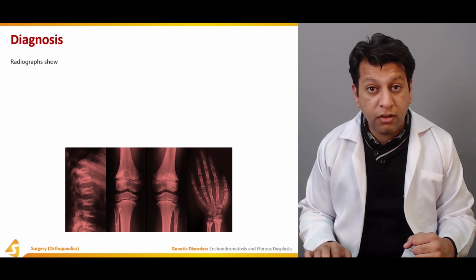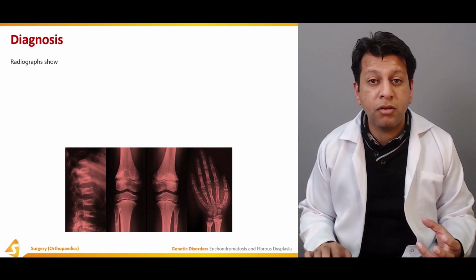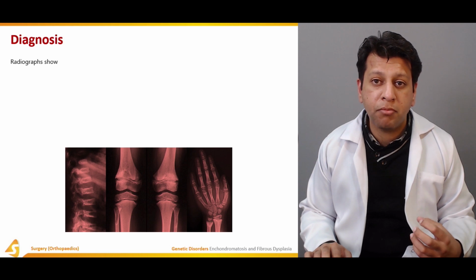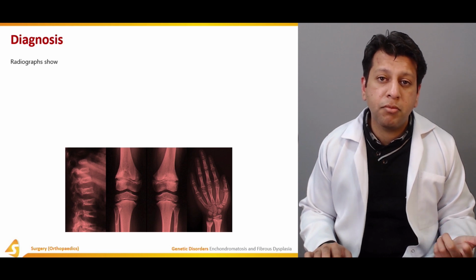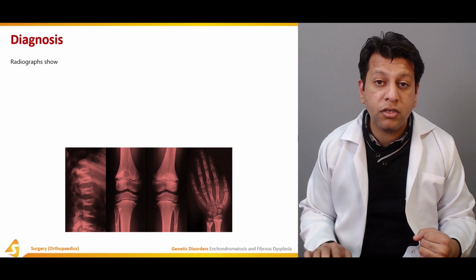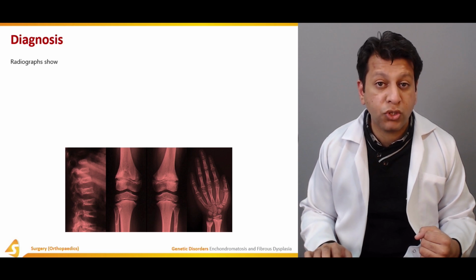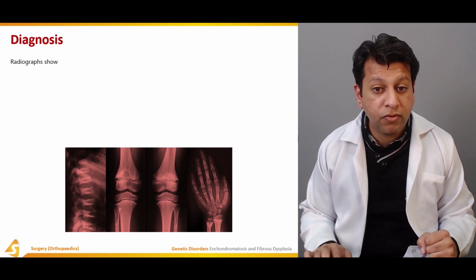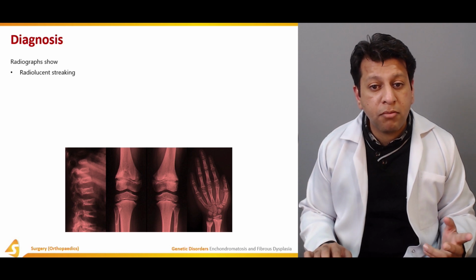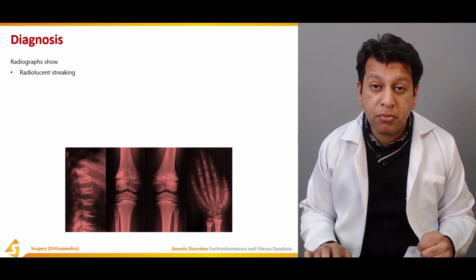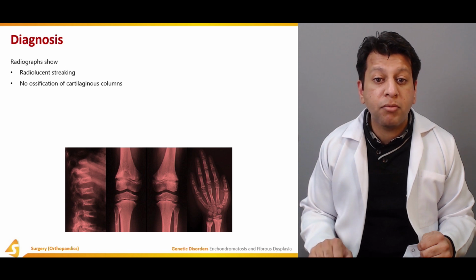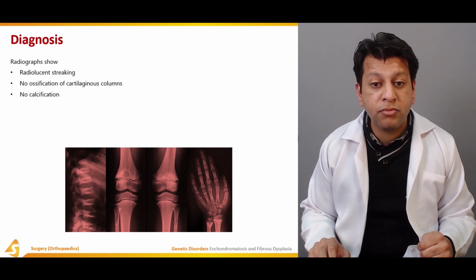Diagnosis could be through radiographs. There may be multiple ballooning lesions in the metacarpals. There may be associated intramedullary lesions in the metaphysis and diaphysis of long bones such as the femur, especially the distal femur. There may be radiolucent streaking on the x-rays, with no ossification of the cartilaginous columns and no calcification.